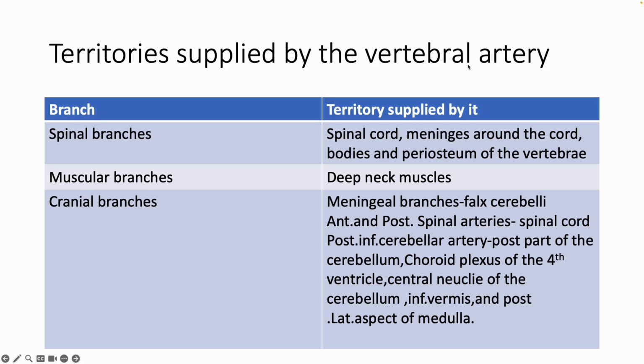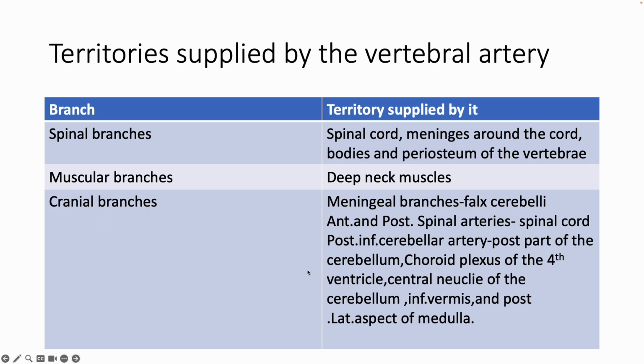Territory supplied by the vertebral artery: we have spinal branches, which supplies spinal cord, meninges around the cord, bodies and periosteum of the vertebrae. We have muscular branches, which supplies deep neck muscles. We have cranial branches, we have a meningeal branch to the falx cerebelli, anterior and posterior spinal arteries and spinal cord, posterior inferior cerebellar artery, هذا اللي يسموه البيكا.